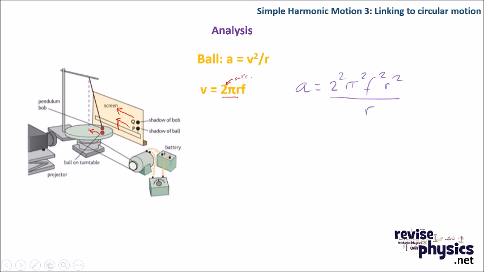Now, since a is equal to v squared over r, if I take my 2 pi r f, and I square it, I get 2 squared, pi squared, f squared, r squared over r. That r is going to cancel with one of these squared r's, and that gives me an equation for the acceleration of (2 pi f) squared times r, or the radius of the circle.